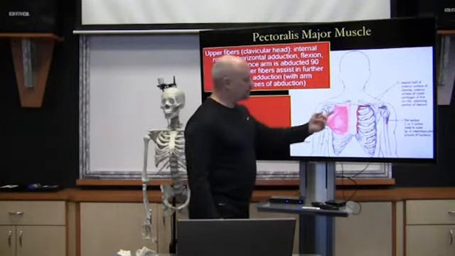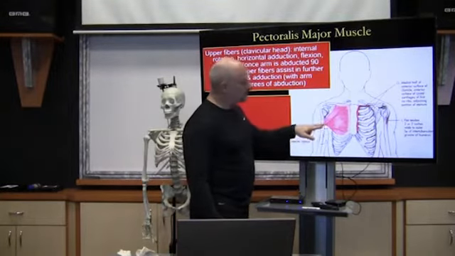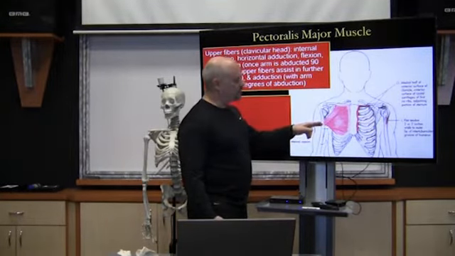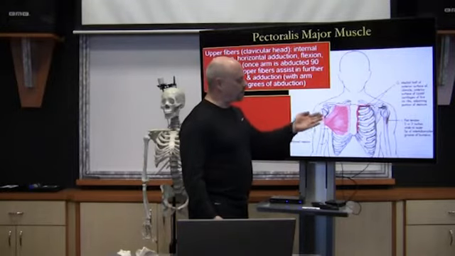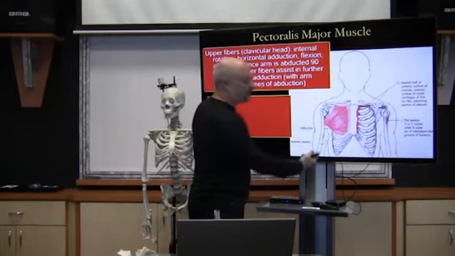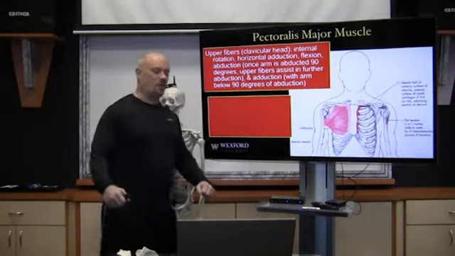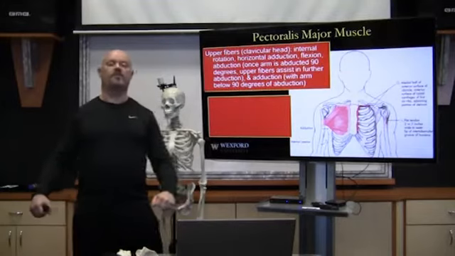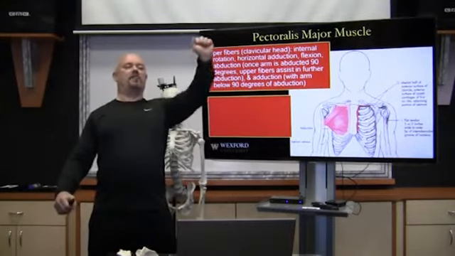position. And also, I want you to notice that it's a flat aponeurosis, a flat tendon, but the upper fibers are actually on the bottom with the lower fibers underneath and above them. This is for when we're doing incline presses.